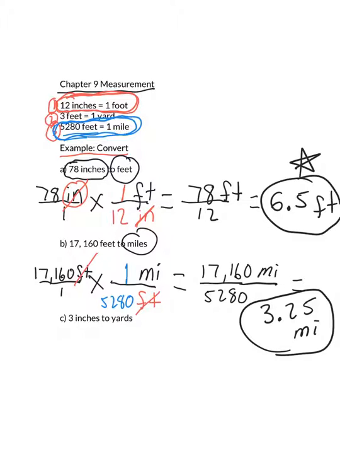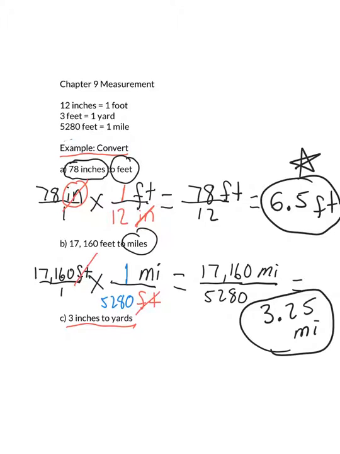So up until this point, each of these conversions, they've given us both units in the original question. Let's amp it up though a little bit. I'm going to erase just to give myself some room. But looking at part C, it says to convert 3 inches to yards.